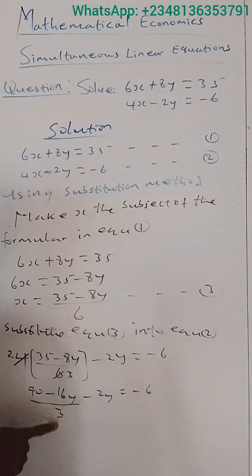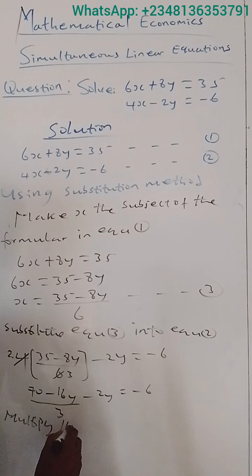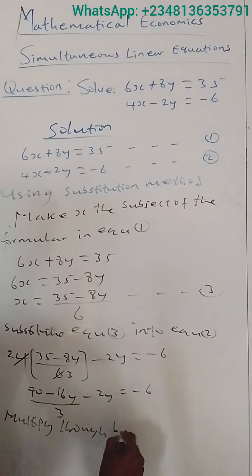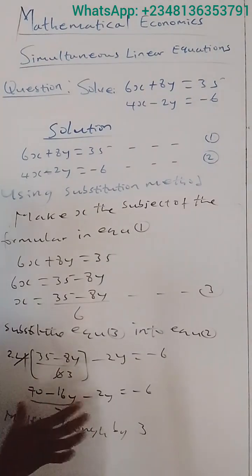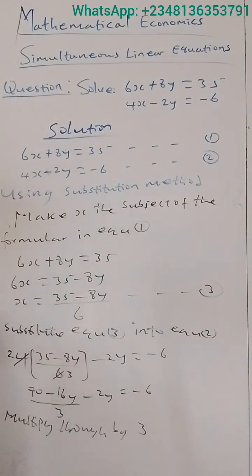This one still has a denominator, and I want to get rid of it. So I'm going to multiply through by 3, so that each of the components of the equation is multiplied by 3.